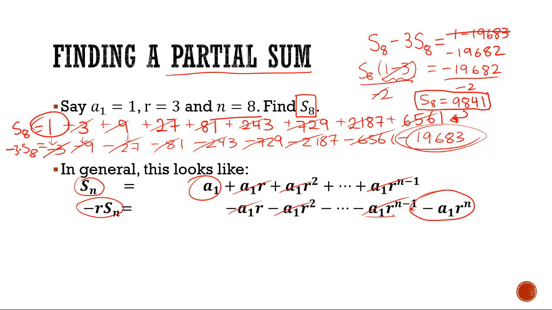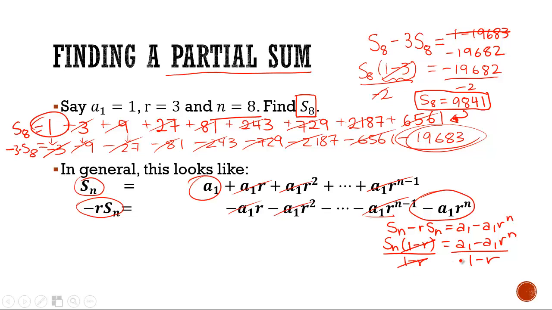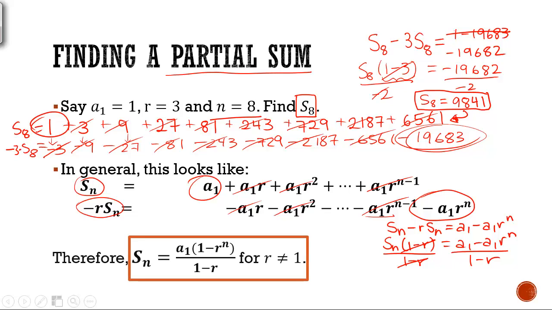So what this leads to is we have Sn minus R Sn is equal to A1 minus A1 R to the n. And we can factor out the Sn, leaving us with 1 minus R. And then we can divide by 1 minus R, therefore solving for Sn. And so this is our formula, which works for any R that's not equal to 1.